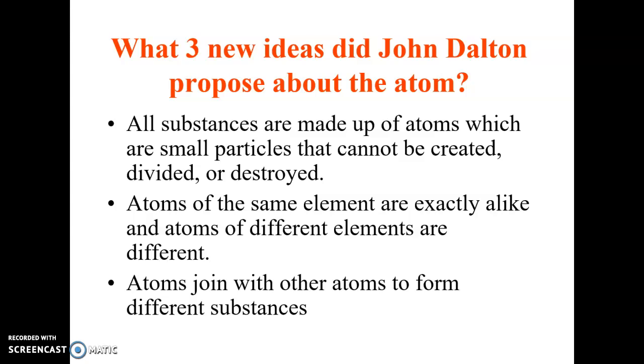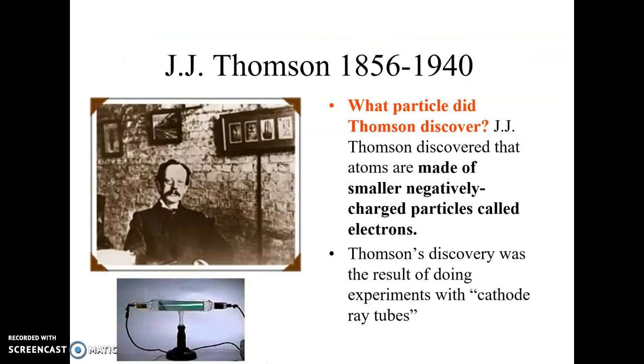And then he also says, as his third main point, that atoms join with other atoms to form different substances. So essentially what he's saying is that these atoms rearrange. They're not created or destroyed. They're just regrouped or rearranged to make new things.